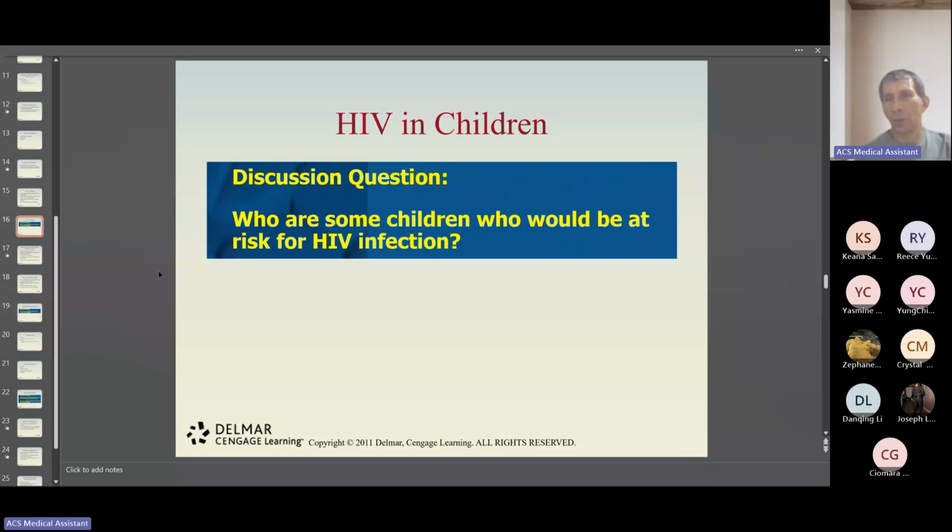Who are some children who could be at risk for HIV infection? Well, those who are born from a female that is HIV positive. Definitely, they will be at risk. It's not that it is 100% that they will be infected. Anyone else? Maybe a child who was born with a medical condition that needs a blood transfusion, and this blood was not analyzed correctly, and the virus was there, and it can be passed through.